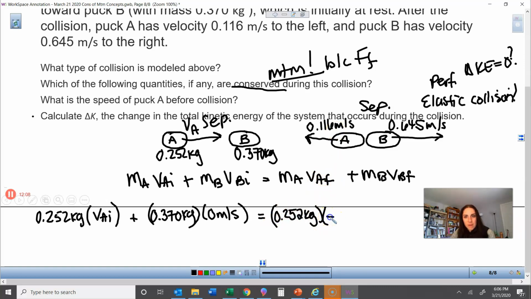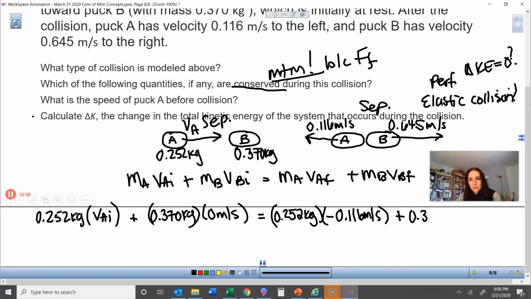So notice that is backwards. Okay, so this is going right, so that would be positive. And there you have it.